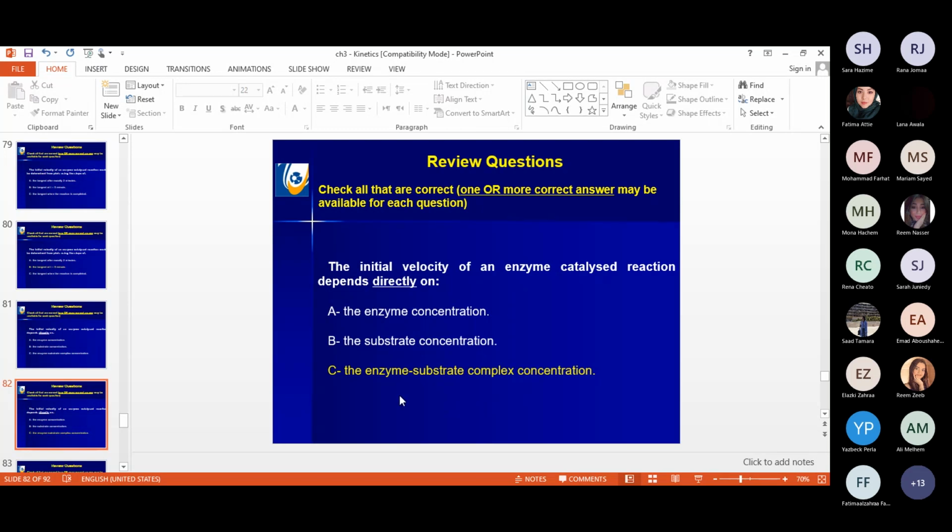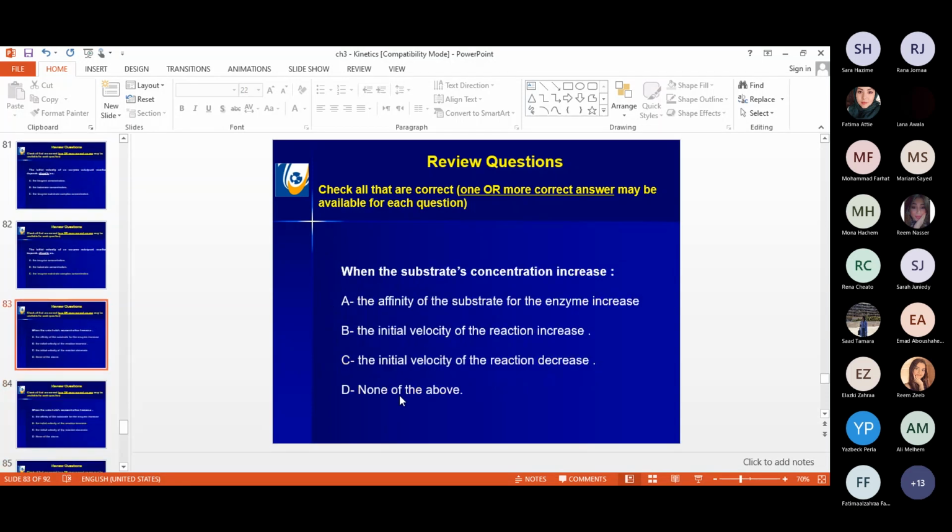So V0 is directly proportional to the enzyme substrate complex concentration, because V0 is equal to k catalytic multiplied by ES. Right. Okay? Okay, doctor. Thank you.